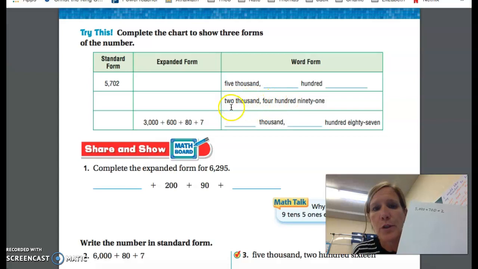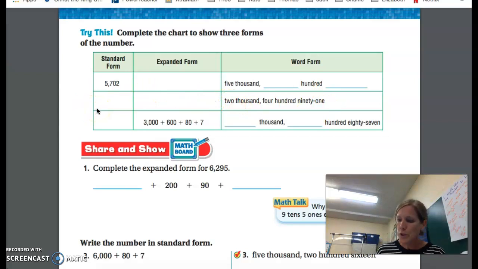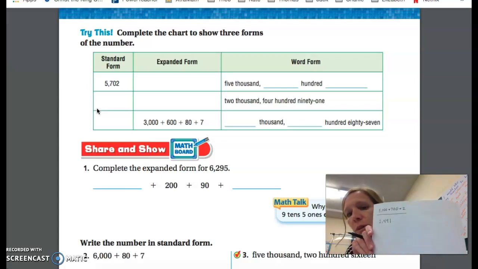All right, now on this one, they only give it to us in word form. So let's read this. 2,491. How would you write that in standard form? 2,491. So you should have, let's see if you can say it, 2,491.